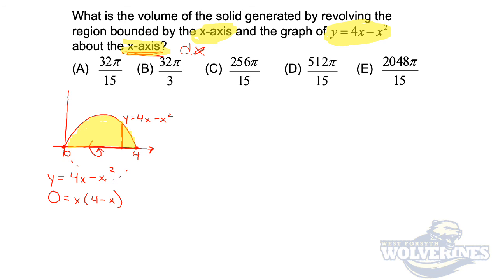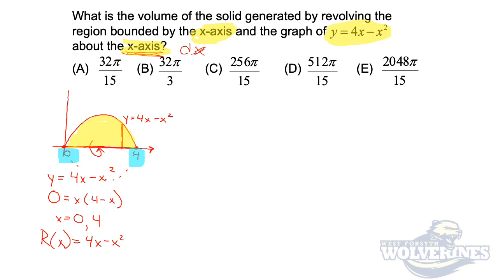Now with the 4x minus x squared, I can factor out a common factor of x, right? So that's just x times 4 minus x. And then my solutions are 0 and 4. So those are the boundaries. That's where those two curves intersect. And my radius is going to be top minus bottom, which is 4x minus x squared minus 0.